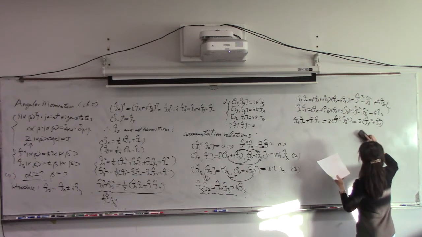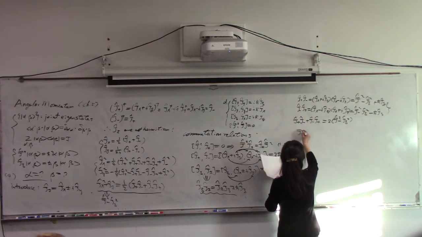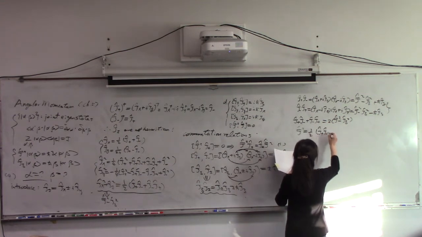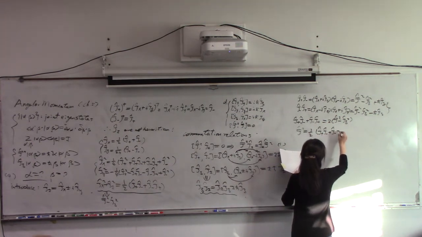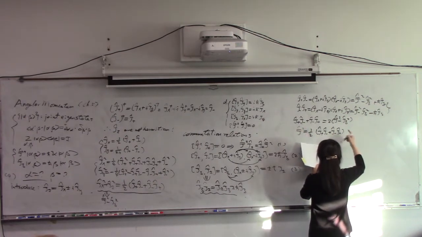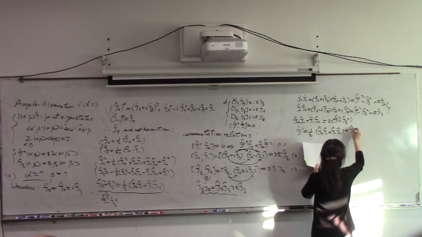So here I just move. Therefore, J squared is half of J plus J minus plus J minus J plus, and move this to the left hand side, so we have plus Jz squared.